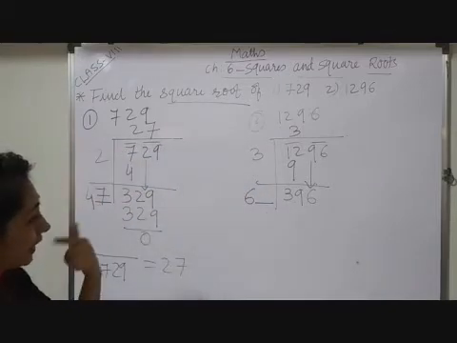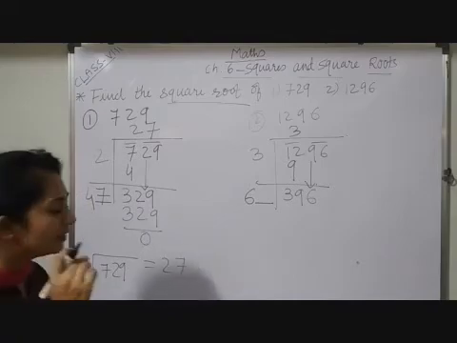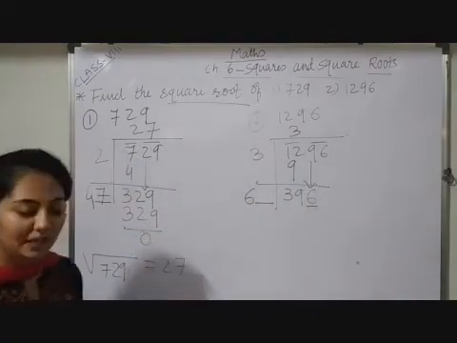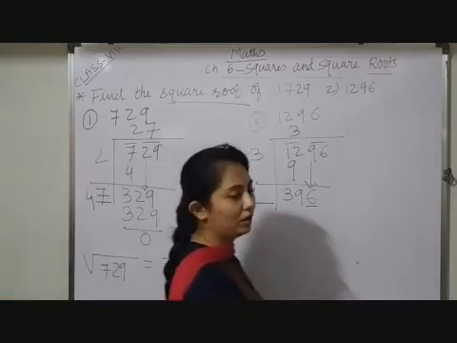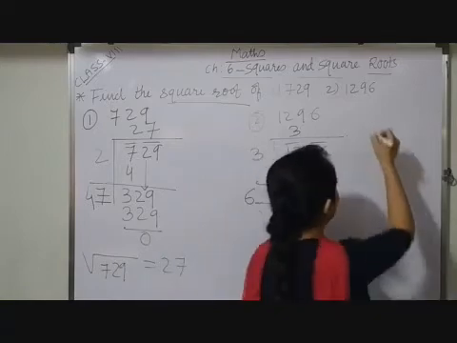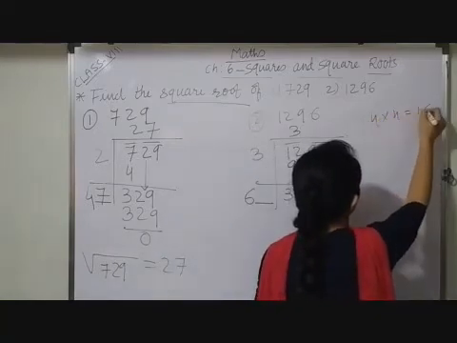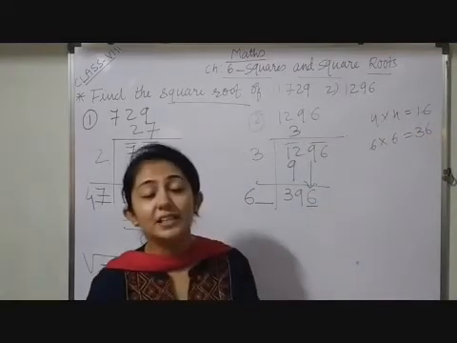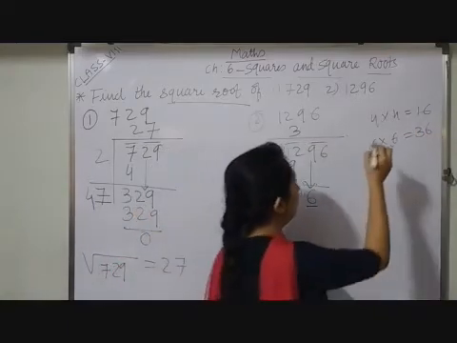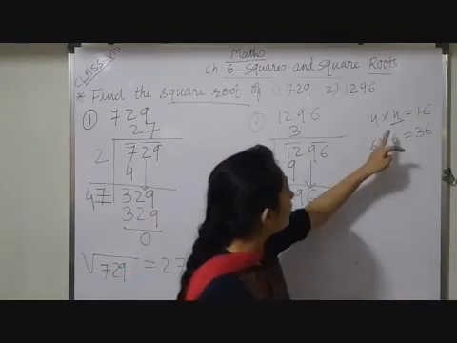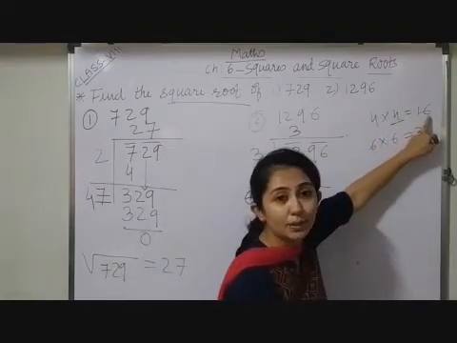Now, after that, again I have to recall the square table. One hint I am giving: observe its unit place. On the unit place, 6 will come if I am multiplying 4 4s are 16, and 6 6s are 36. So if on the unit place of that square 6 has to come, then only 4 or 6 is possible.